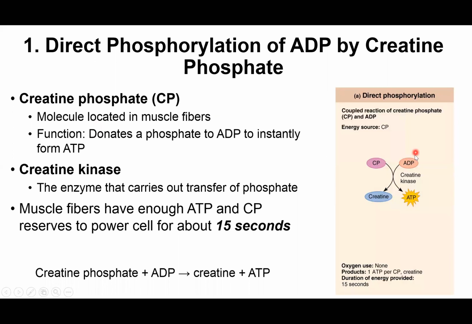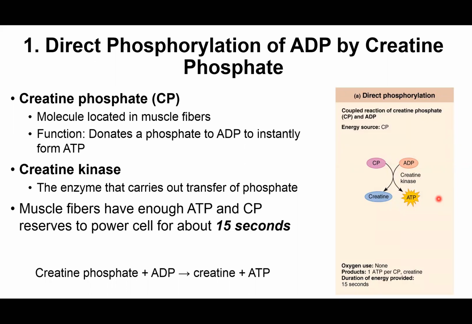Okay, so you have creatine phosphate, the CP over here, is going to donate its phosphate to ADP. So when ADP receives that phosphate, now ADP becomes ATP. And the enzyme that takes the phosphate from the creatine phosphate and adds it to ADP is called creatine kinase.